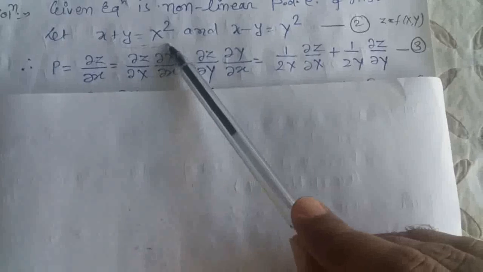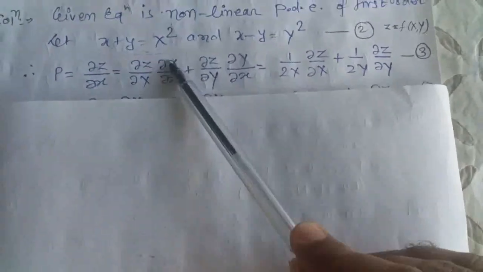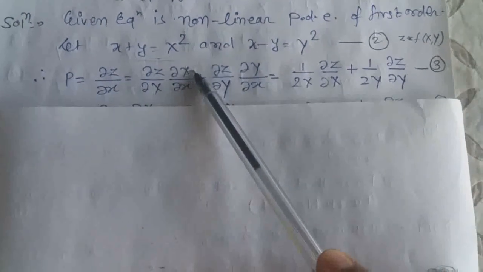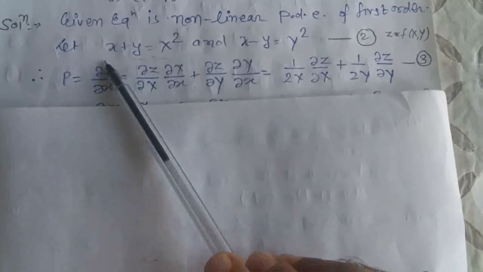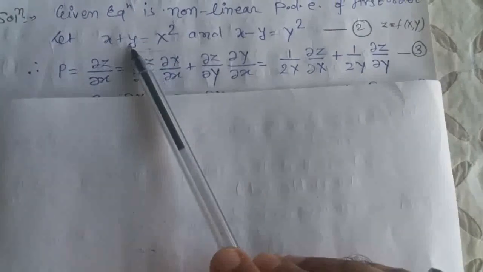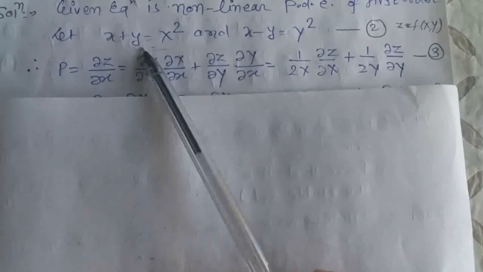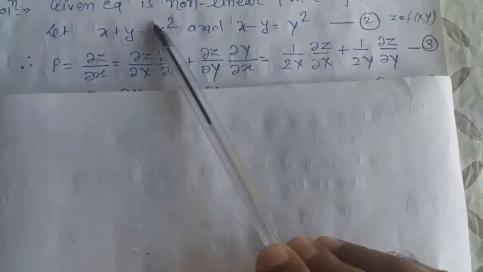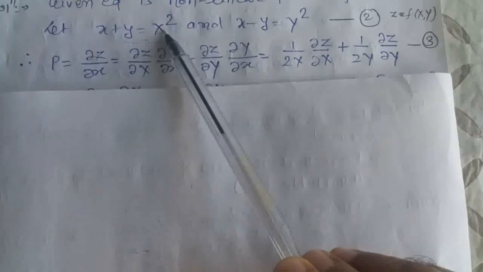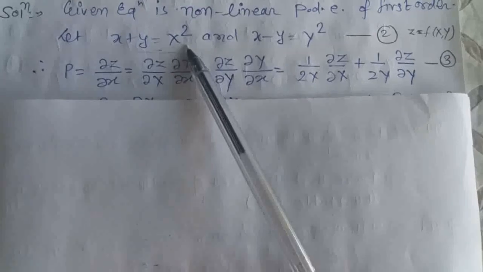Now the value of del capital X by del small x, the partial derivative of capital X with respect to small x. From this relation, the partial derivative of x with respect to x is 1 plus the partial derivative of y with respect to small x is 0, and the partial derivative of this is 2 times capital X del X by del small x.